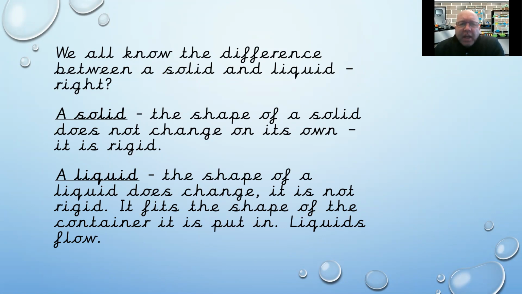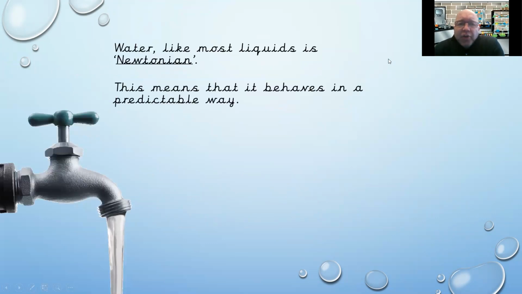Now, as I say, today's material is a little bit strange because there are times when it behaves like a solid and there are times when it behaves like a liquid. But let's take a closer look. Now, first of all, let's look at normal liquids. Now, we call most liquids Newtonian.